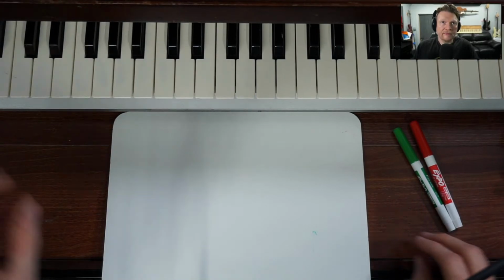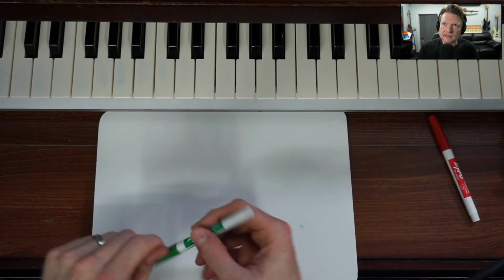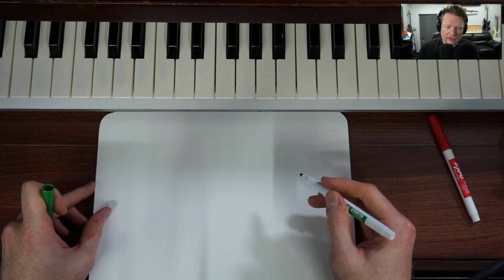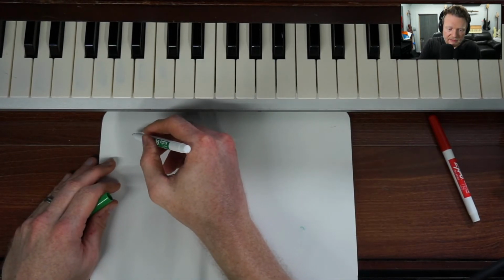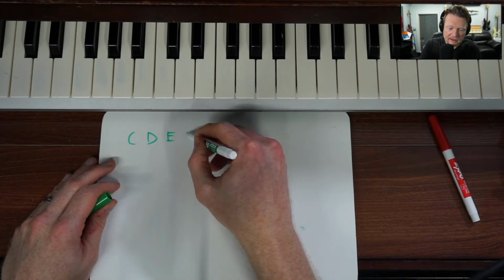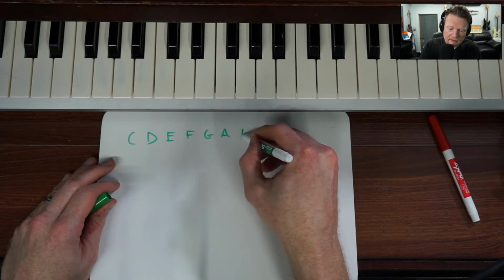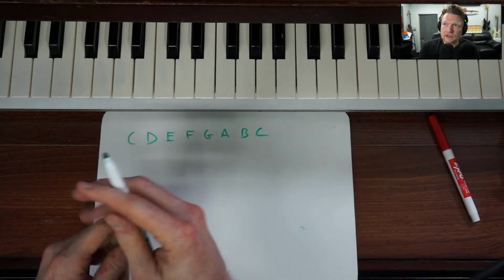Here we've got our keyboard that we can look at, as well as our little pad. Let's write out the most simple major scale, which is the C major scale. Just the alphabet, basically: C, D, E, F, G, A, B, and then we're back up to C.